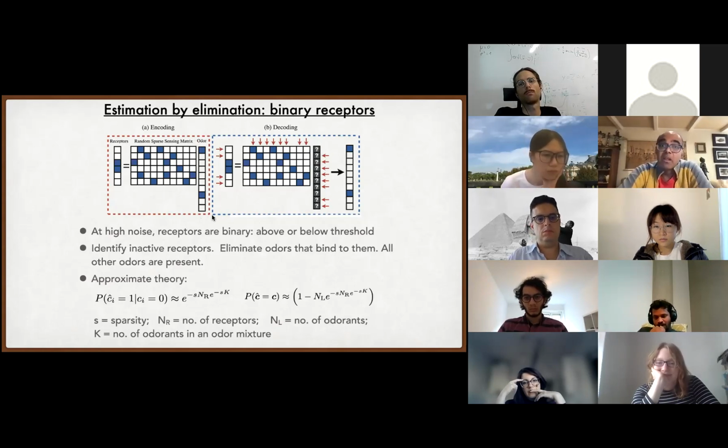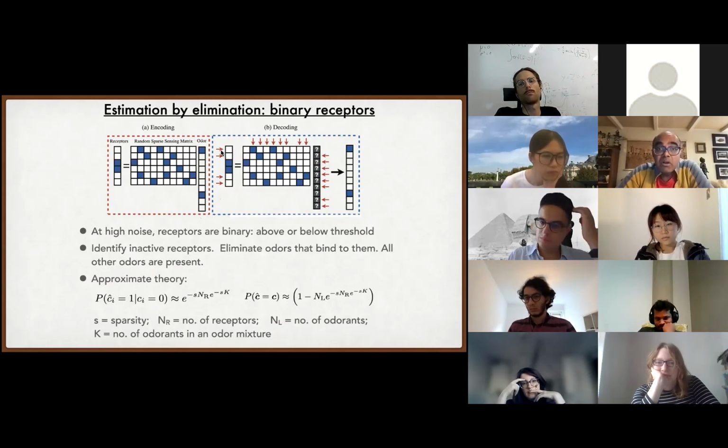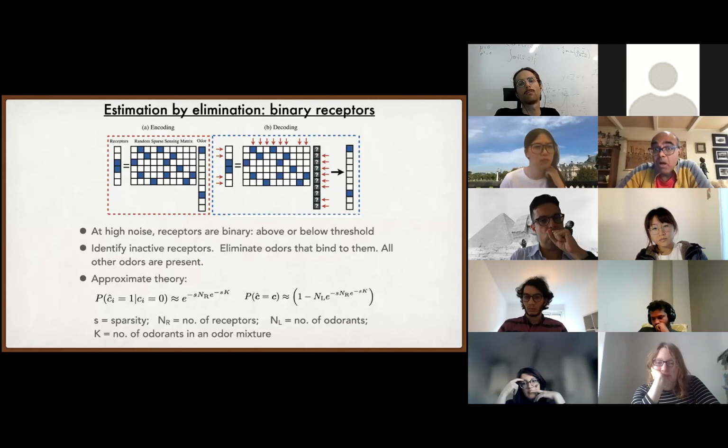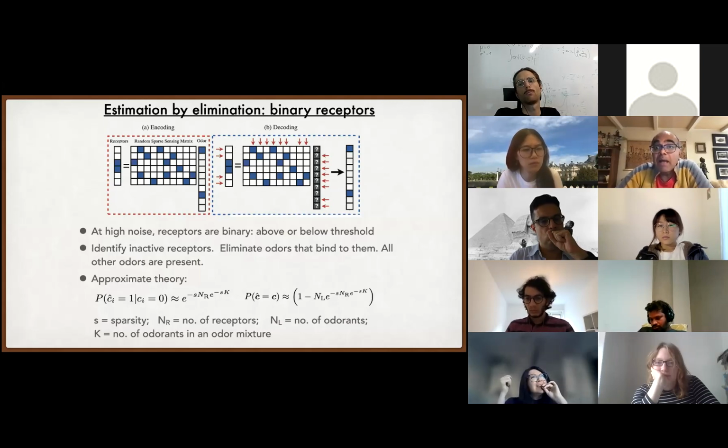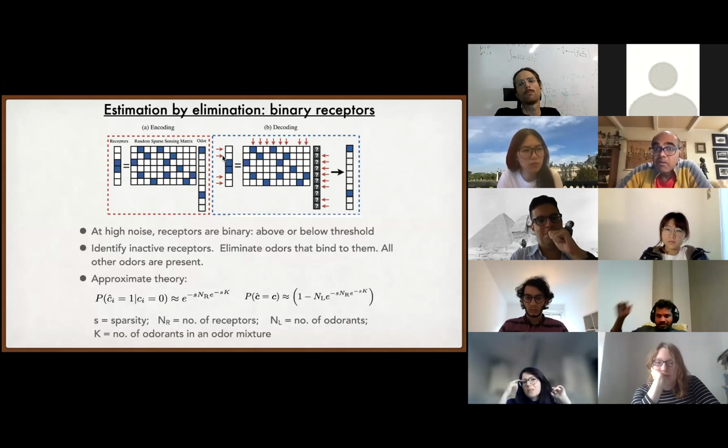Why is that? Well, suppose I know that this receptor doesn't respond. Then I know that any molecule that binds to this receptor must be absent. So that must mean that this one and this one are absent. Likewise, if this one doesn't respond, then I know this molecule and this molecule are absent.